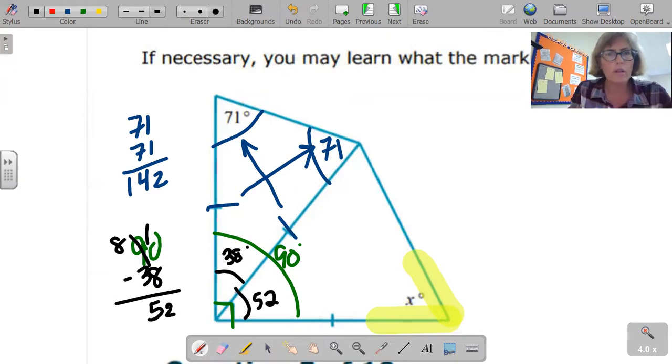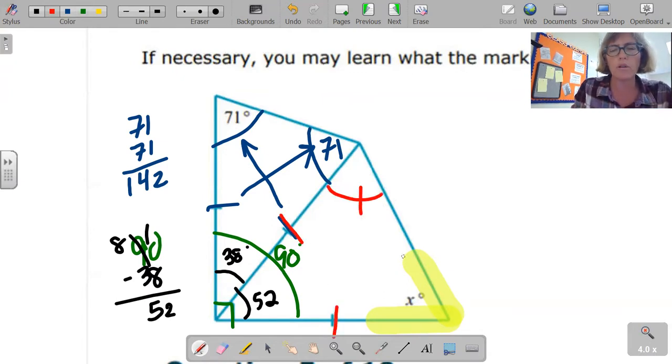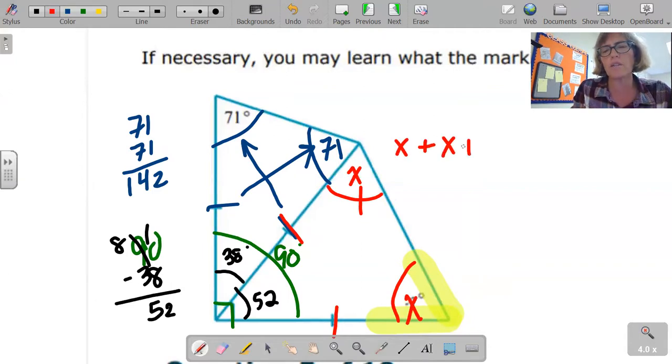52. And you're like, how else can I find stuff? Over here, 2 equal sides, 2 equal angles. So if that's x, that's x. So I have x plus, now it's just like the other problem, 52 equals 180.